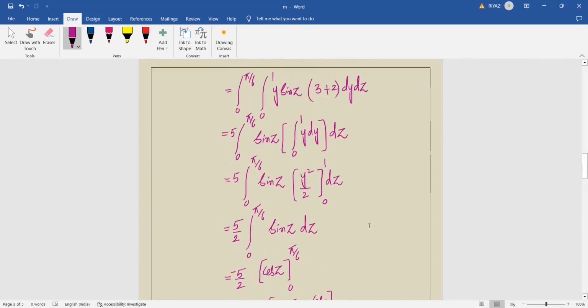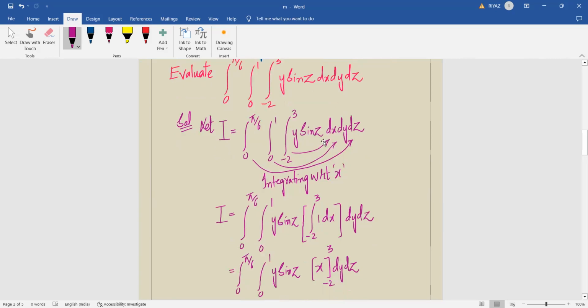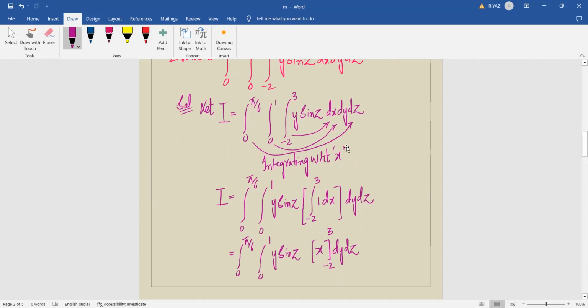Let us go from the beginning and look at that question. All the limits are constant limits, so you can integrate with respect to x first.